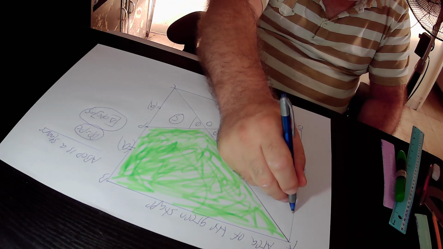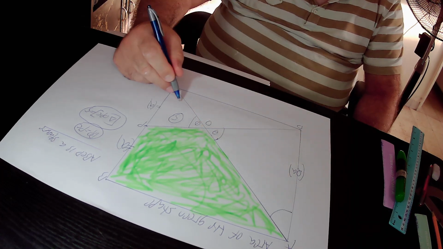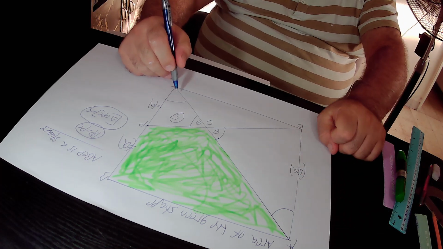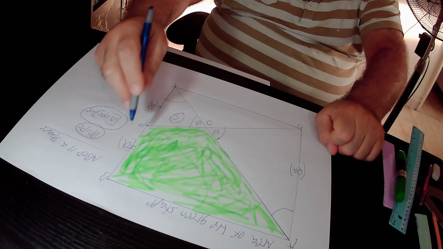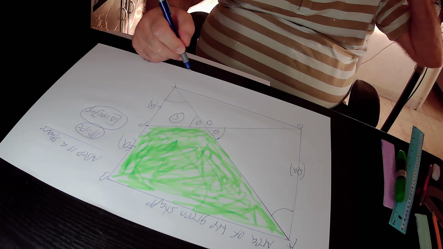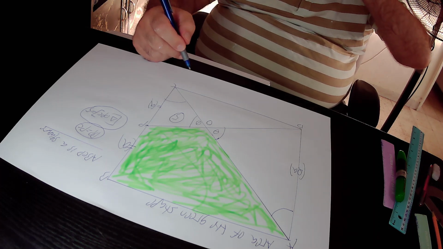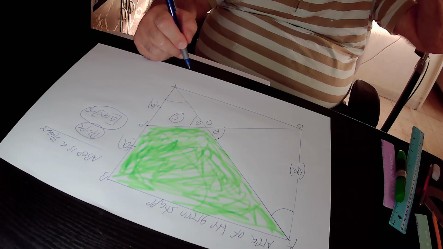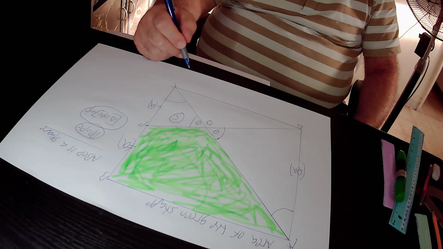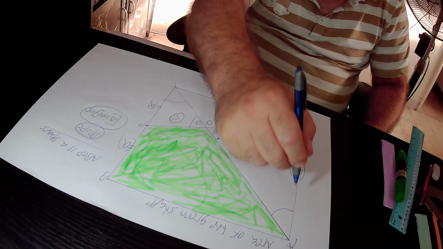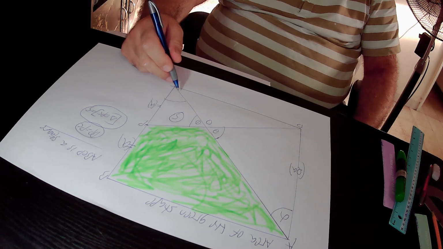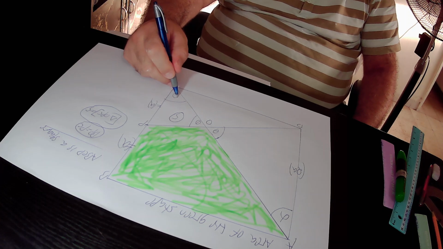Those two angles are defined as alternating angles, and are located between the parallel lines AD and BC, and therefore they are equal to each other according to Rule 15. Rule 15 says that alternating angles between parallel lines are equal to each other. So if we define the size of this angle as alpha, then the size of this angle must also be equal to alpha, because of Rule 15.